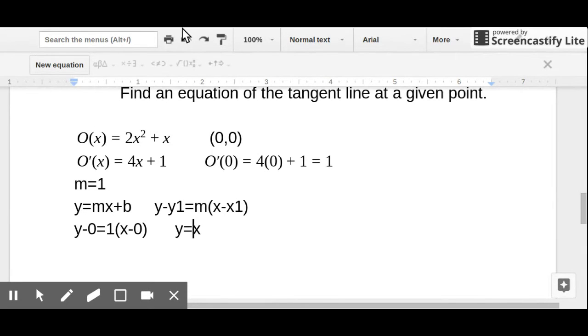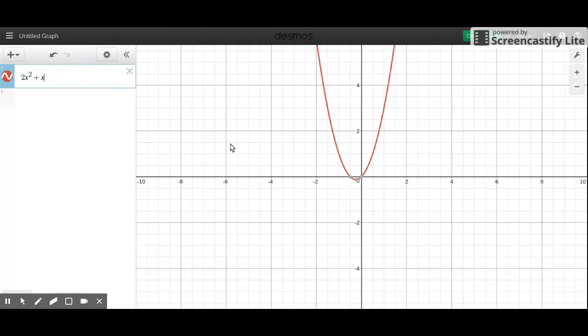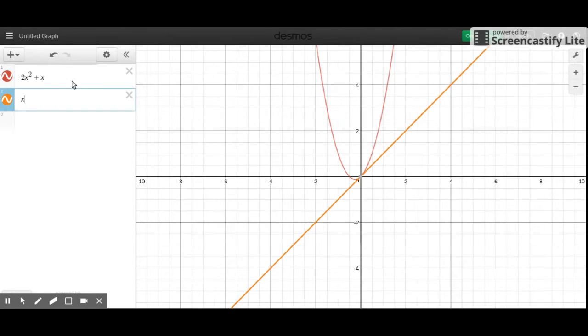So let's take a look at the graph. Here's the graph of 2x squared plus x. Let's go ahead and graph this.